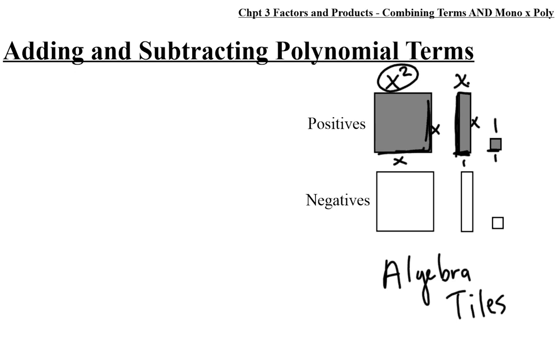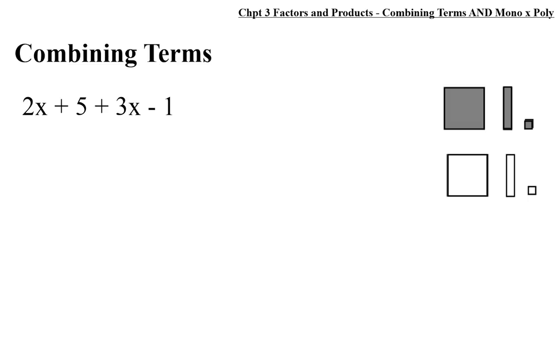And then you have a unit by a unit, which makes a unit tile. There are two different colors. I'm going to use the dark as positive and the light as negative. So these would be negative x squared tiles, negative x tiles, and negative unit tiles. We will use them a little bit, but don't worry about doing all of the algebra tile work in the booklets unless I discuss it and tell you its importance.